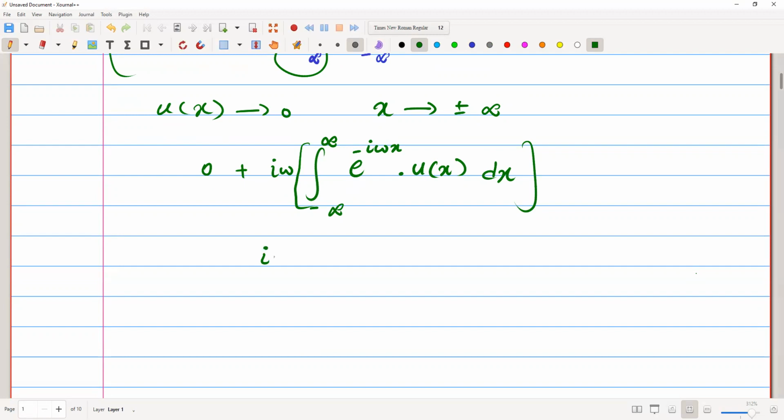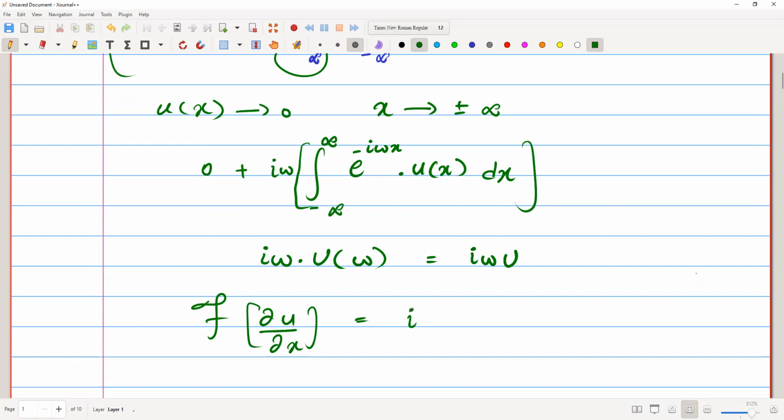So we can write it's iota omega times a function of omega, or simply u of omega, because we are representing the function of x with u. So the Fourier transformation of dou u over dou x is simply equal to iota omega u.